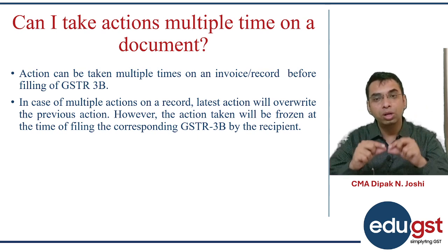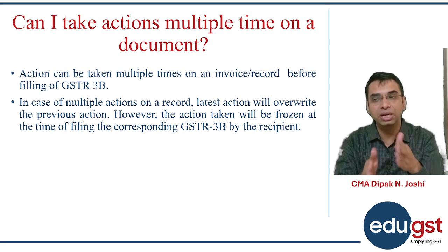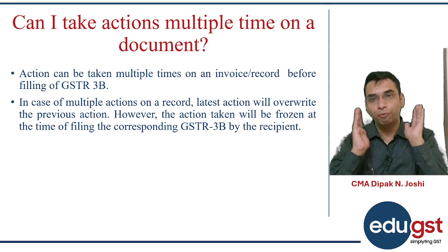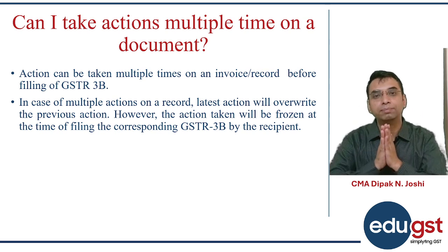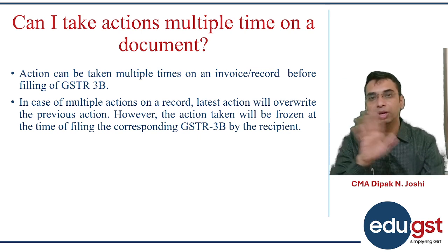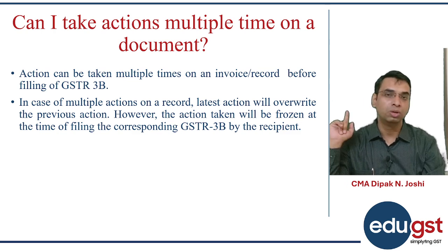And portal will consider the latest action, and you can take the action multiple times till filing of form GSTR 3B. Once form GSTR 3B is filed, your 2B is freezed. Then you cannot take any action on the invoices which are there on the invoice management portal.